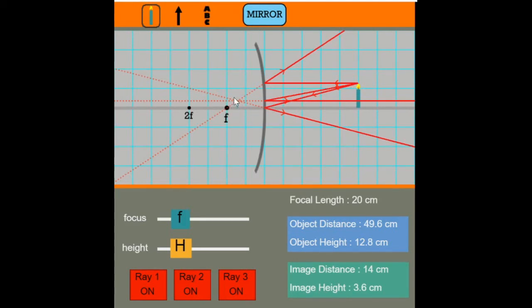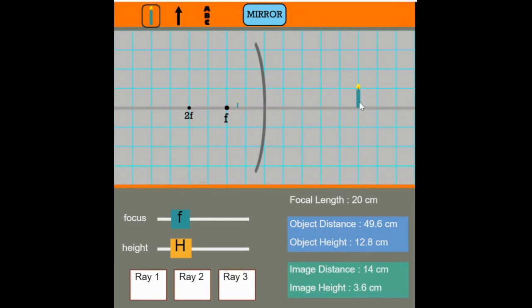The size of the image is diminished, and it is a virtual and erect image. Now we will see when the object is placed at C. Whenever you place an object before a convex mirror, it always forms a diminished and erect image.